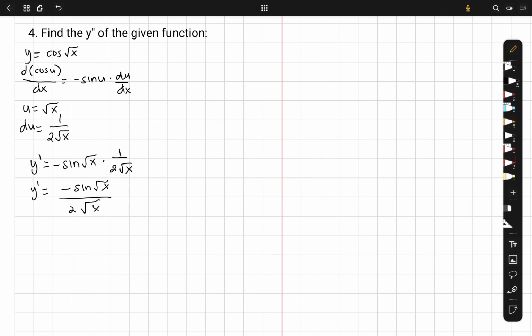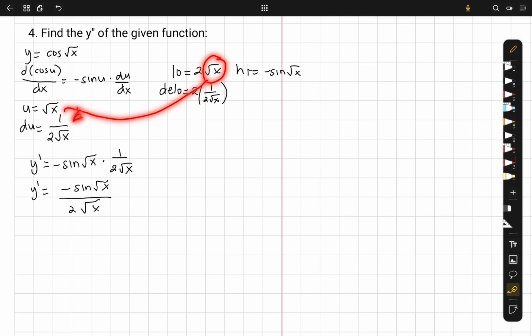So, let our low be 2 square root of x, and our high be negative sine square root of x. The derivative of our low is 2 multiplied by 1 all over 2 square root of x. This 2 will cancel, but we'll cancel it later to make it easier. So, let's stay like that.